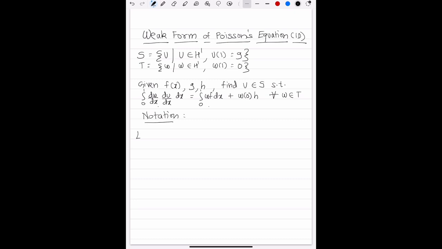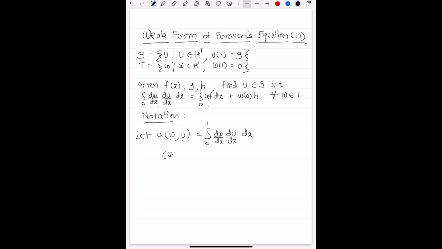Firstly, we are going to define a of w, u as the integral over the domain of dw by dx, du by dx, dx. This is essentially our first term in the weak form. So a of w, u is equal to the integral over the domain of the derivative of the first function w multiplied by the derivative of the second function u.